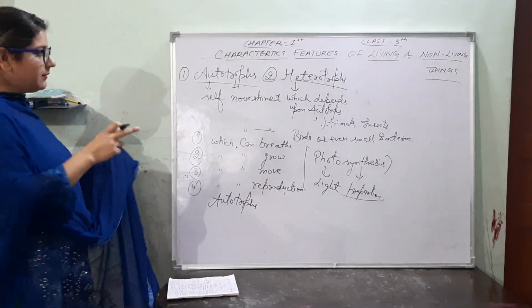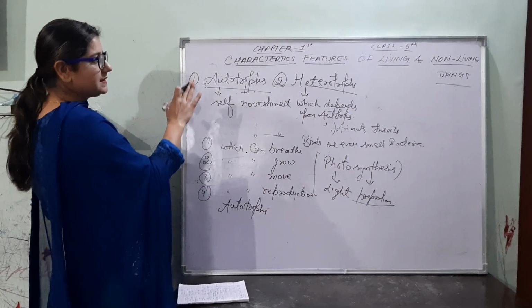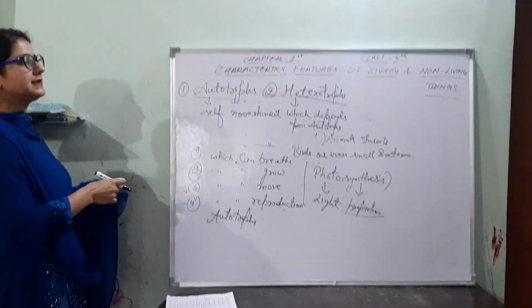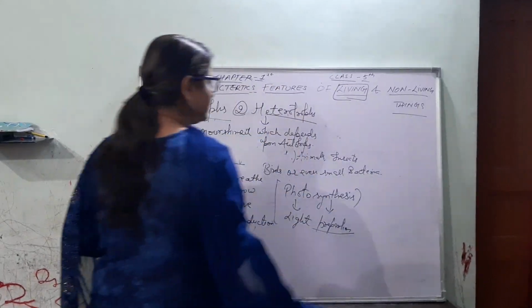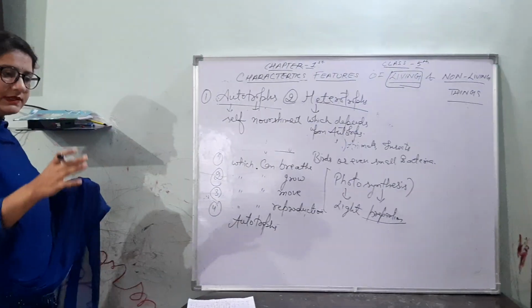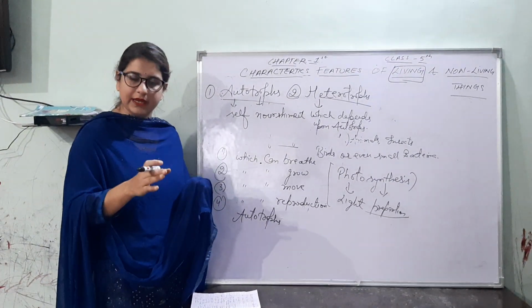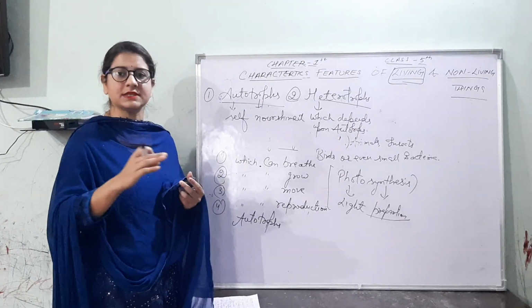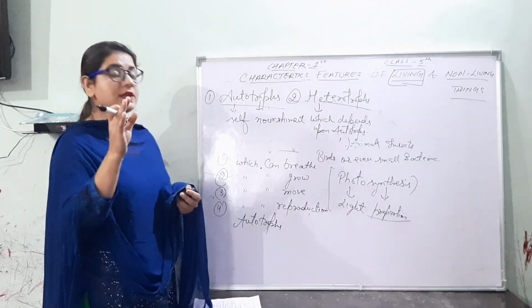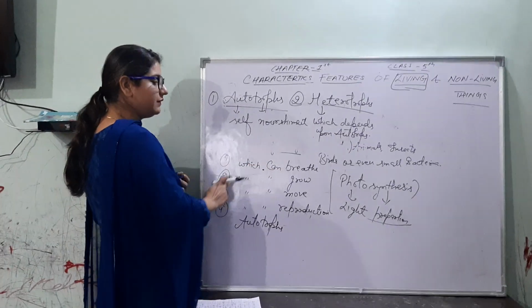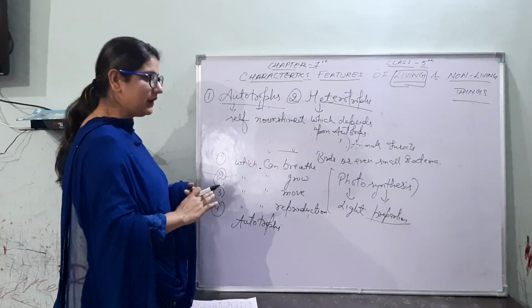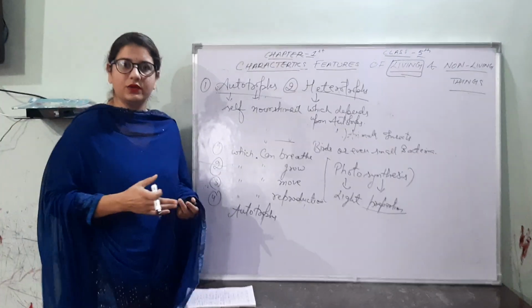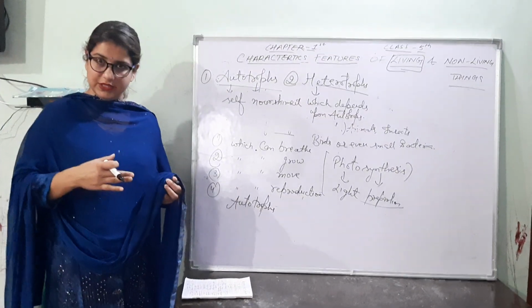Today we discussed the characteristic features of living and non-living things, and we chose the first part, the characteristic features of living things. Living things include plants, animals, birds, insects, and small microorganisms also. Living things can breathe, grow, move, and reproduce.